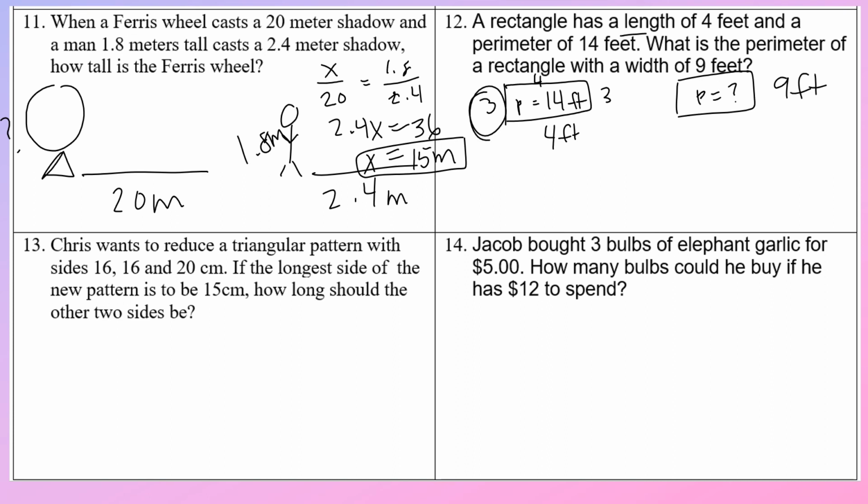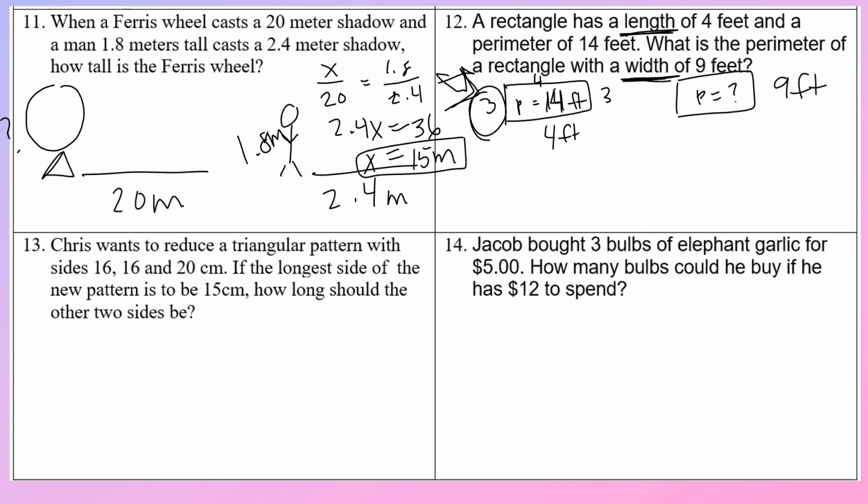They gave me the length and they gave me the width. So I would have to either find the length or the width in one of those two rectangles. And because this one gave us the 14 feet already, it's easier to find the width in this one here.